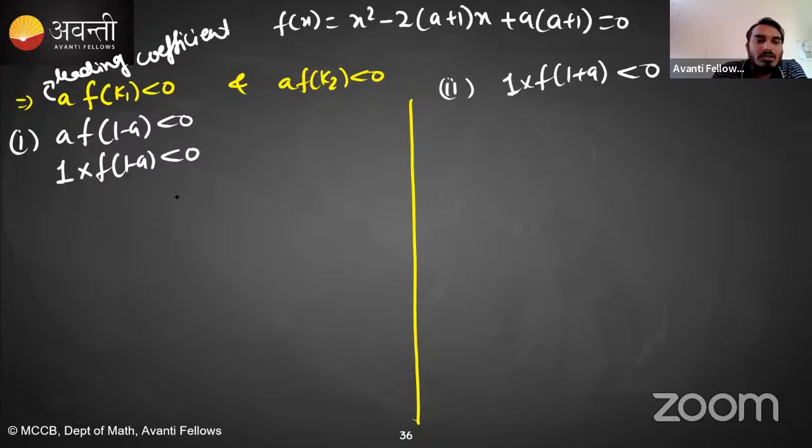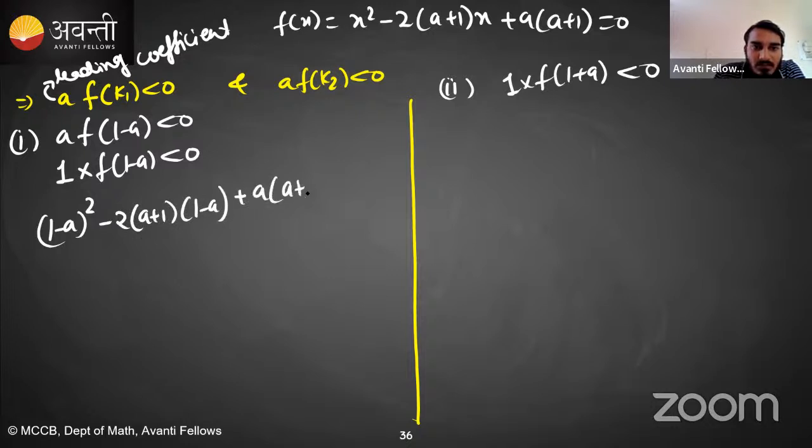Simple. So now just substitute x is equal to 1 minus a. So what will you get? You will get (1 minus a) whole square minus 2 into (a plus 1)(1 minus a) plus a into (a plus 1) less than 0.